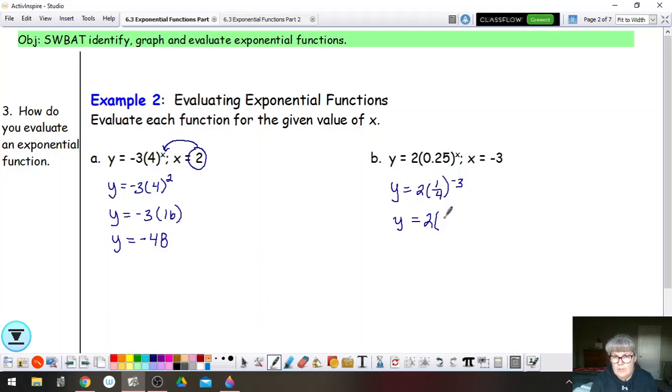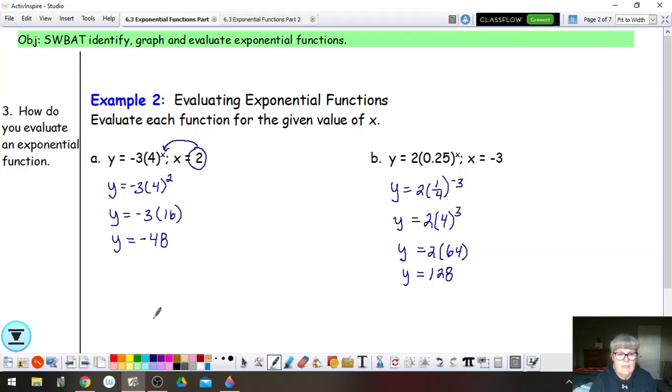So 1/4 to the negative third can be written as 4 to the positive third. And 4 to the third is 4 times 4 times 4. That equals 64. And then 2 times 64 is 128.